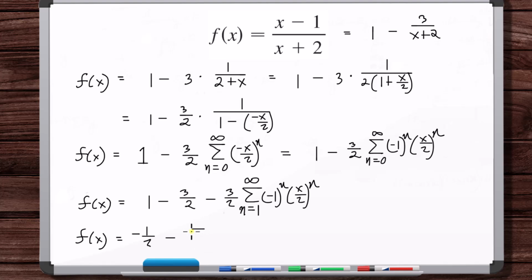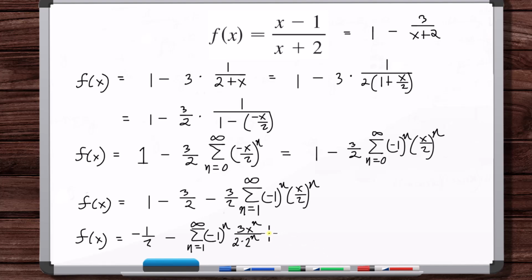Now what they did next is they brought this 3/2 inside the summation. So you've got 3x to the n over 2 times 2 to the n.